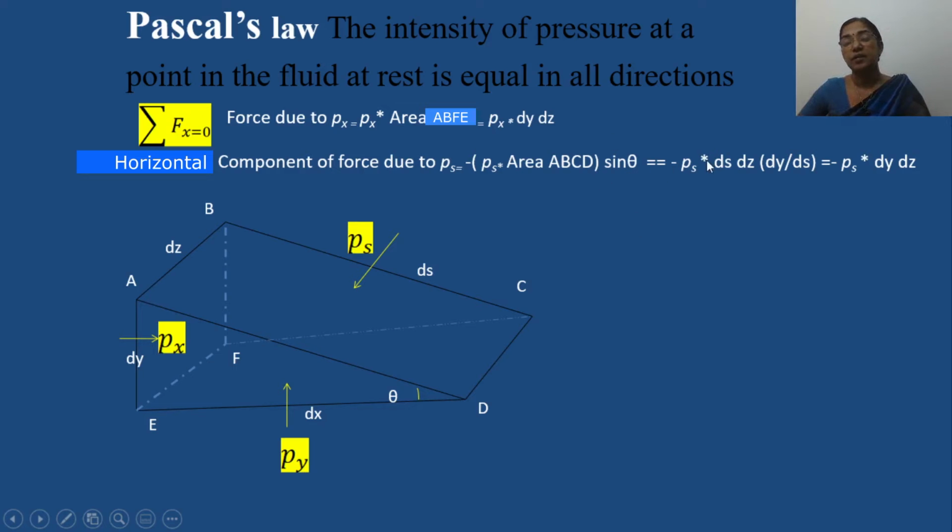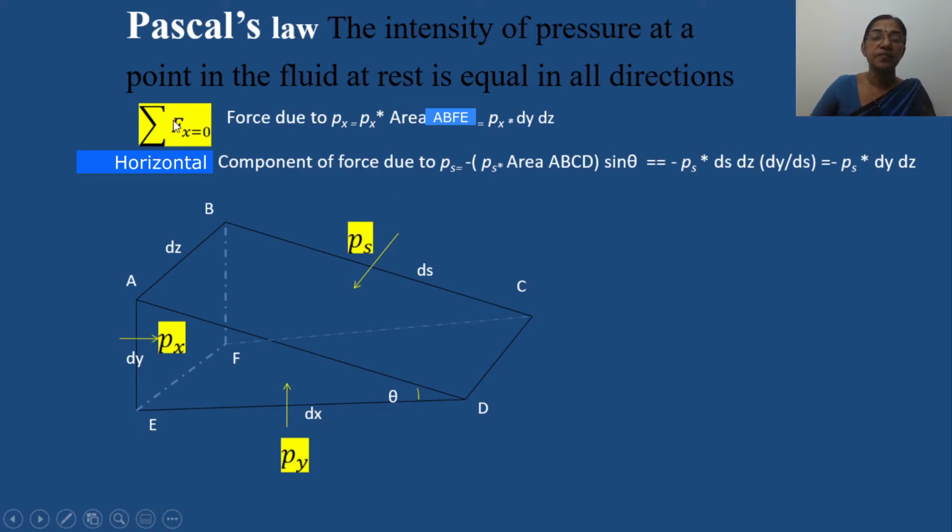Substituting, it is equal to negative Ps multiplied with ds into dz, that is the area of ABCD, into sine theta, which is dy by ds. Simplifying, we get negative Ps into dy dz.